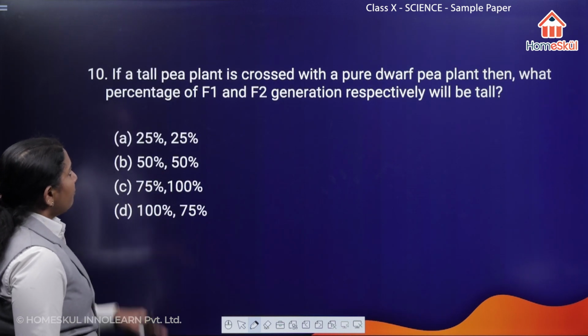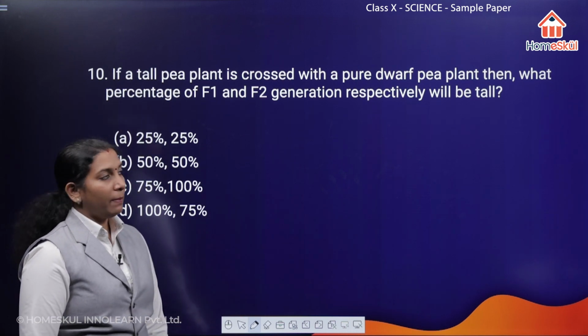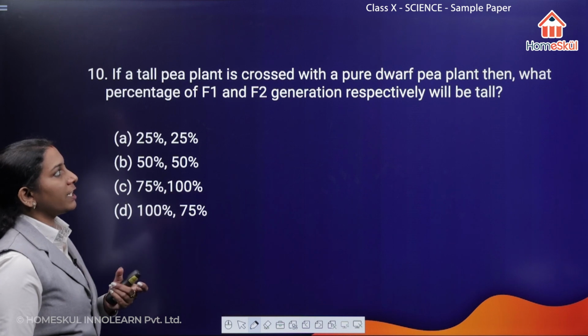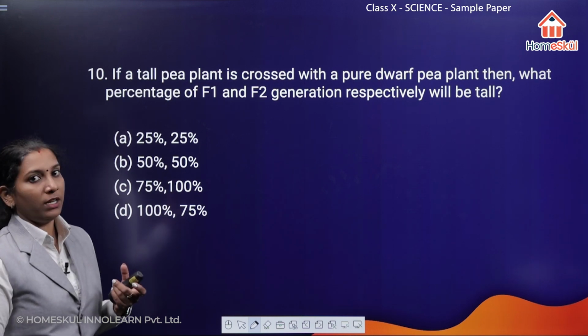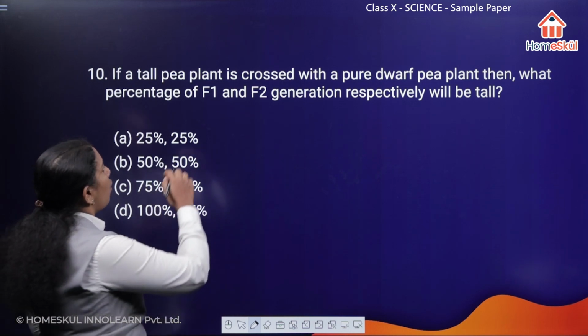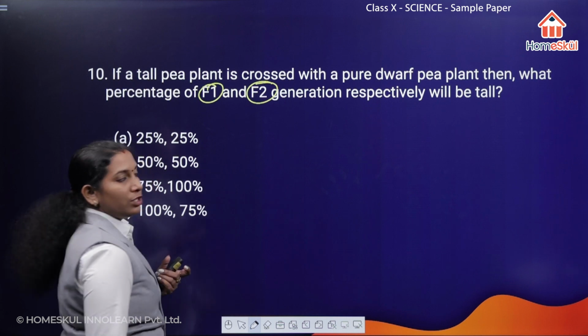Then, if a tall pea plant is crossed with a pure dwarf pea plant, then what percentage of F1 and F2 generation respectively will be tall? So, you have to identify what percentage of tall plants are present in F1 and F2 generations.